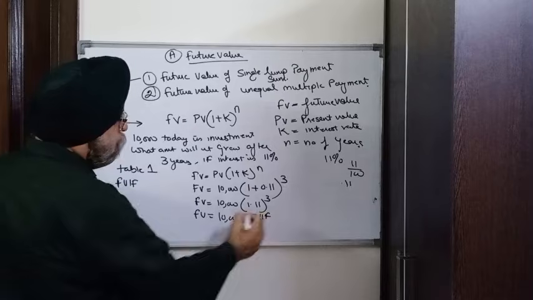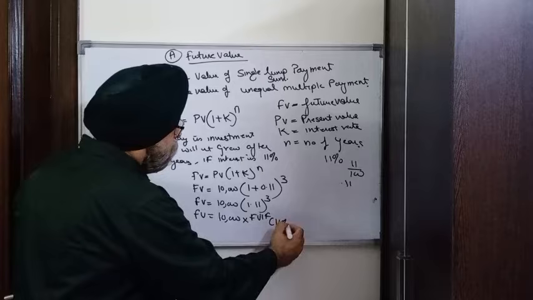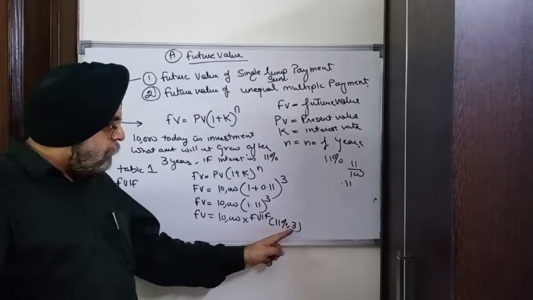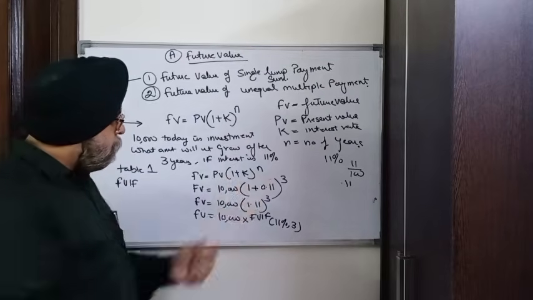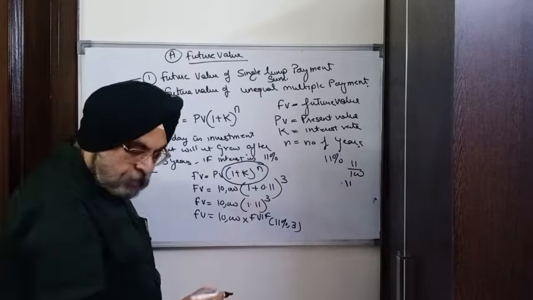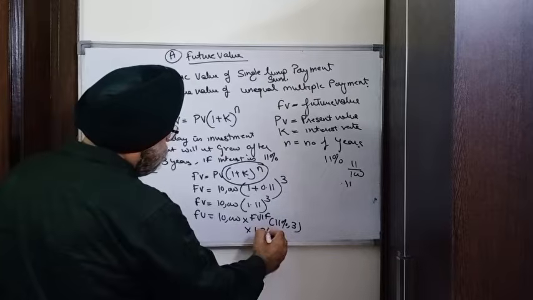Now if we want to use the table, we have to write FVIF 11%, 3, means at 11% and at 3 years we will get the value. That amount is coming to 1.368.